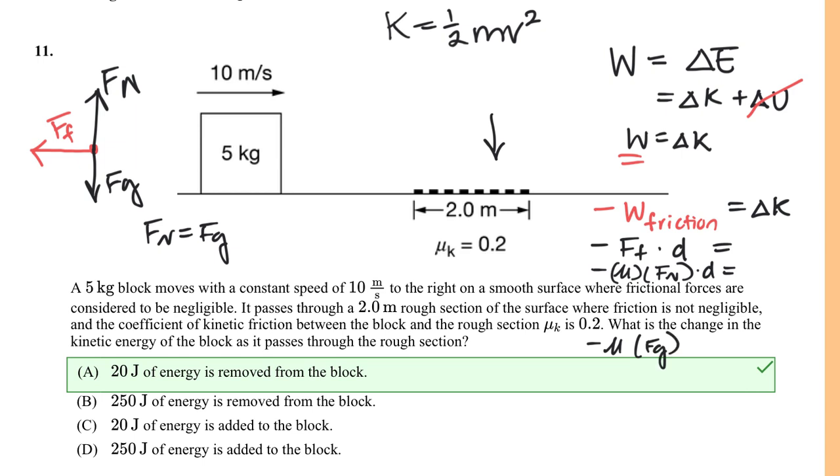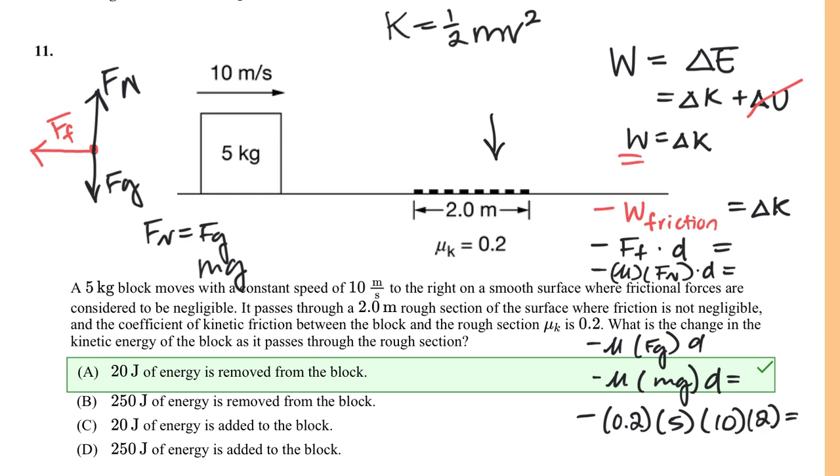I already know that Fg is going to be mg, so I'm going to elaborate mg over here times distance, and now I'm going to plug in everything. We have 0.2 for coefficient of friction, mass is 5 kilograms, gravity, let's do 10, distance, it's going to be 2 meters.